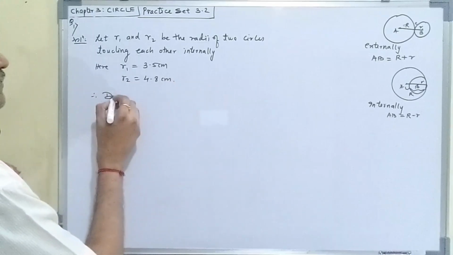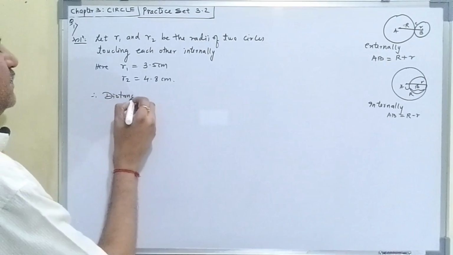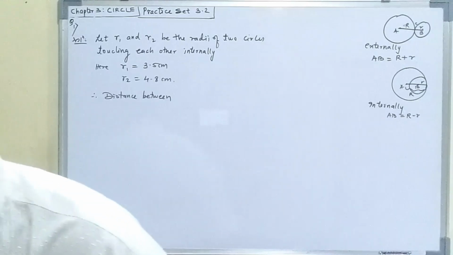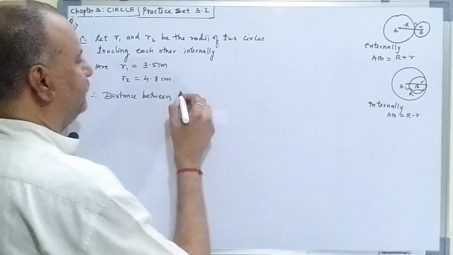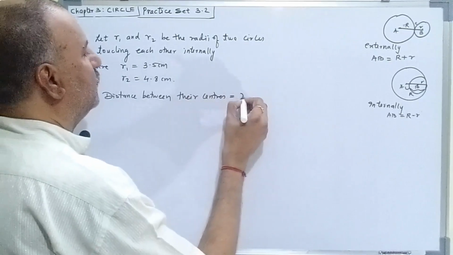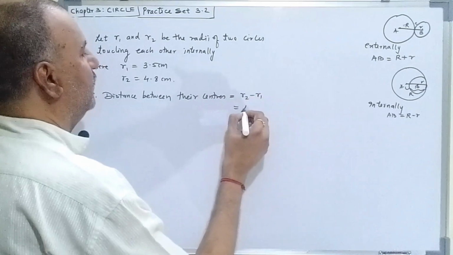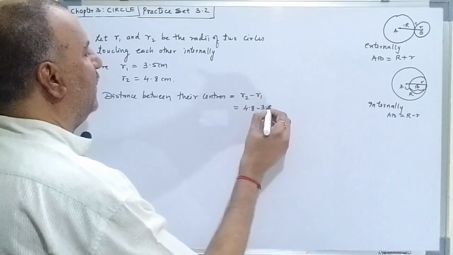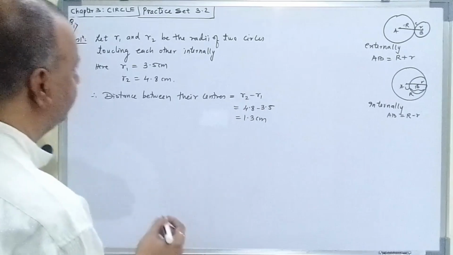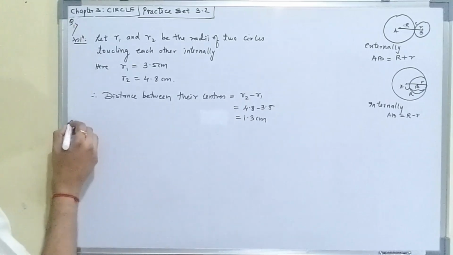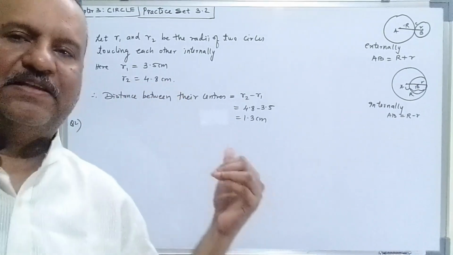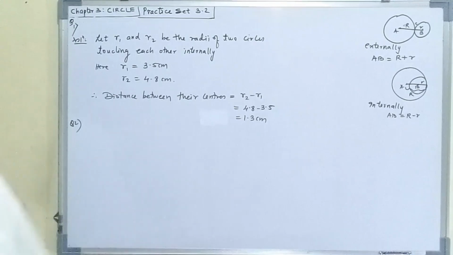Therefore, distance between their centers is equal to R2 minus R1. That is 4.8 minus 3.5 equal to 1.3 centimeters. क्वेश्चन 2 पे जाते हैं. ये हो गया आंसर, फाइनल आंसर. फाइनल आंसर लिख दो चाहे तो.